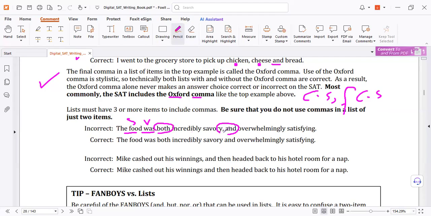So "and" joins two things only, 1 and 2. So you don't need punctuation, because a list is for three or more, not two. So "and", "or", "but" join the two things only. You don't need any punctuation, not only a comma. So you must check: adjective, adverb, and you already have "both" to help you. We don't need this comma.